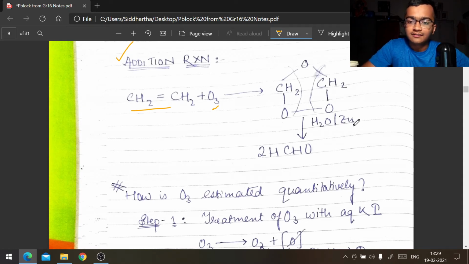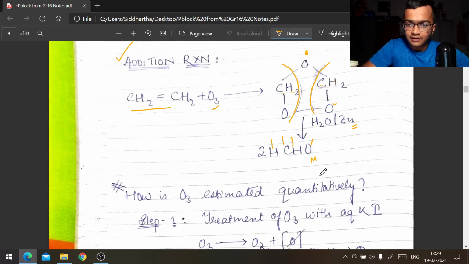Okay, now if you react it with zinc in presence of water, the bond breaks in some sort of this pattern. Now see, this oxygen is common for all. See, H C H O, and similarly from this side also H C H and again O. So two molecules of HCHO are formed.